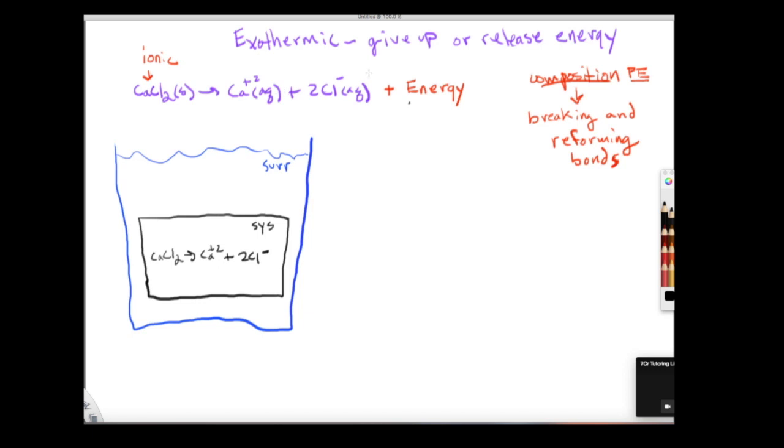And so let's go back to this idea of compositional potential energy. So the calcium chloride here has a certain amount of potential energy because of the ionic bonds between the Ca and the Cl2. The two products also have a certain amount of compositional potential energy. The products. And what is that composition?